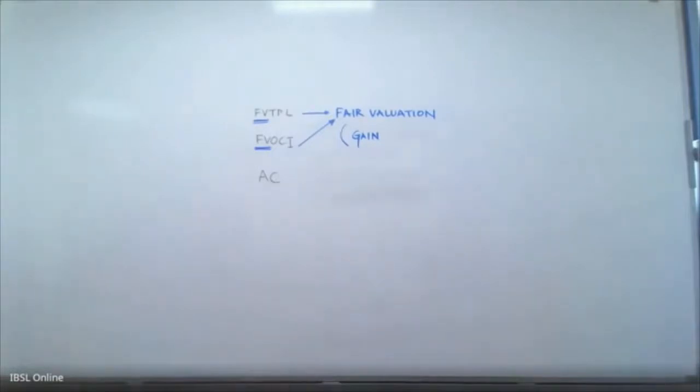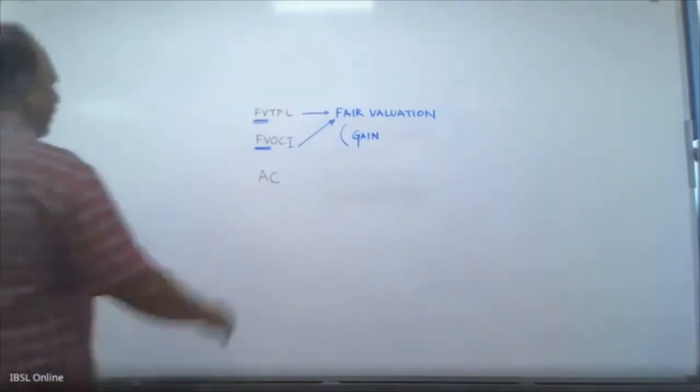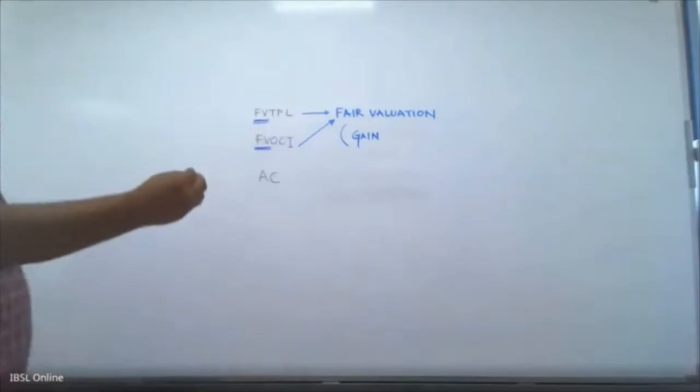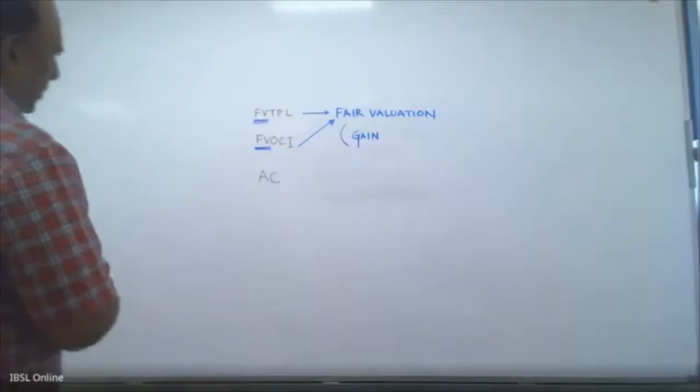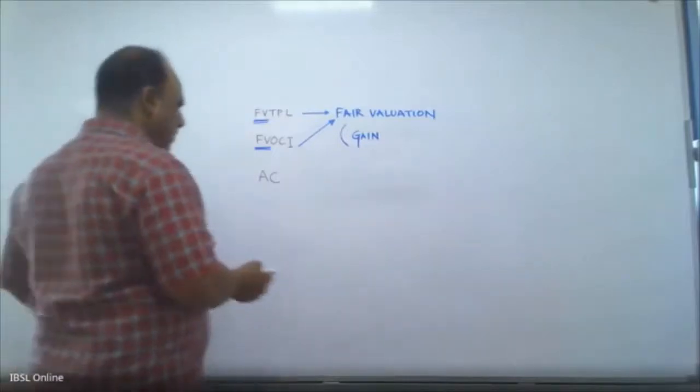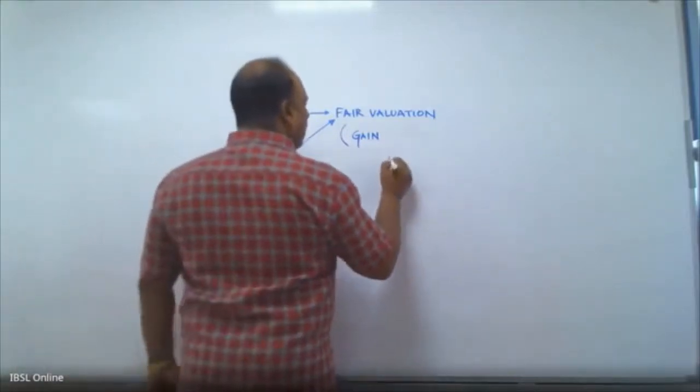I already explained this, right? When you say fair value through P&L, if you have a share which is being traded in the stock market, this share is subject to changes in prices. Let's say you bought a share at 100 rupees.